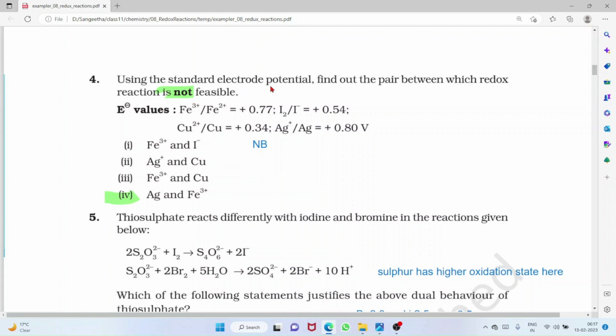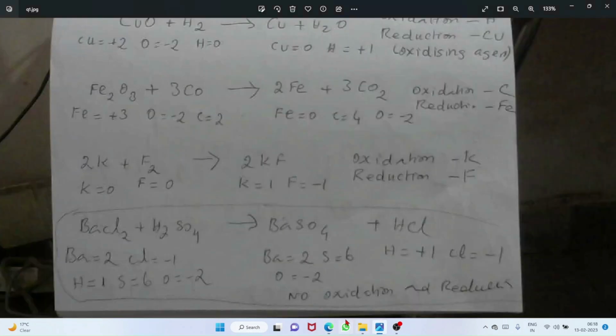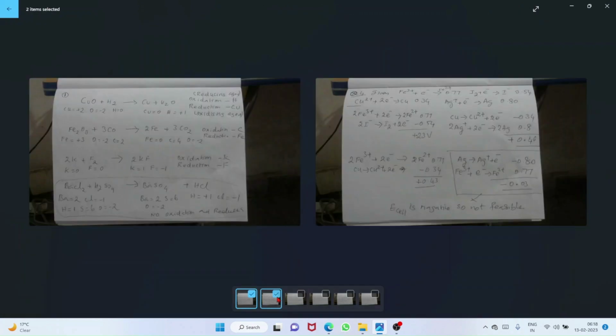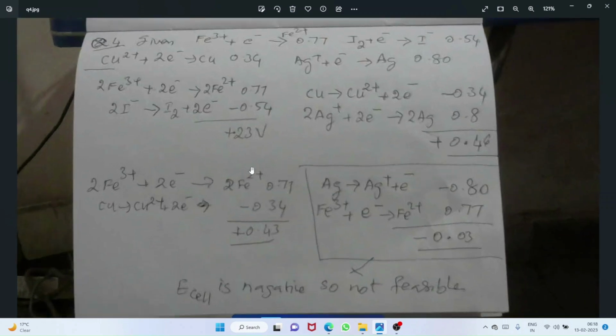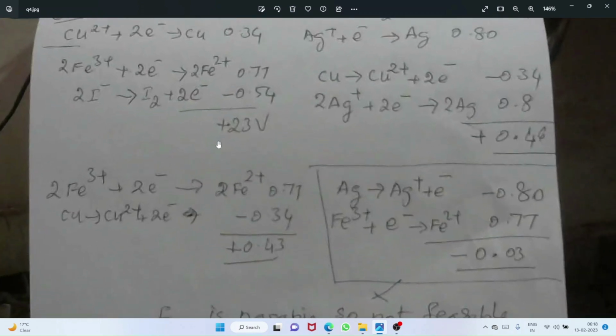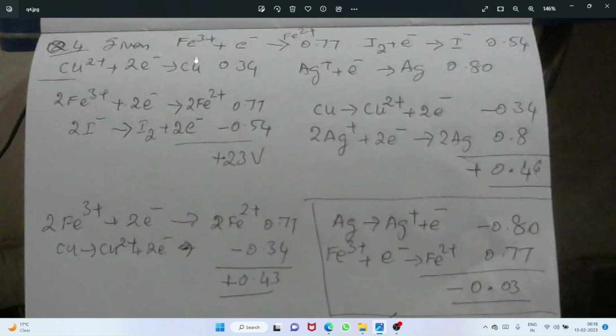Using the standard electrode potential, find out the pair between which the reaction is not possible. They are asking which is not possible. So these are the reactions.